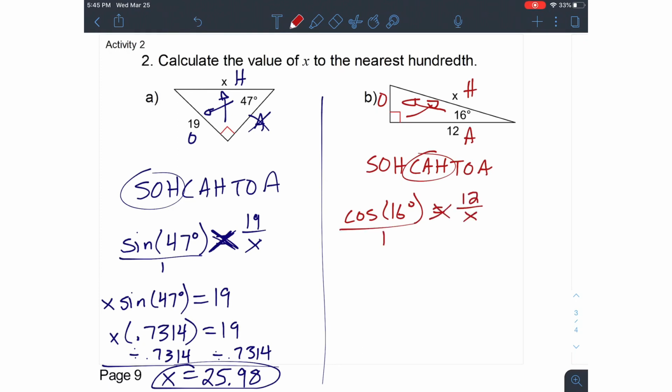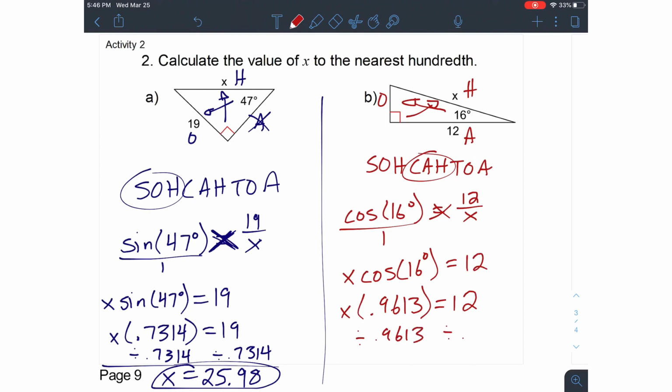Put it over 1, cross multiply. X times cosine of 16 is going to be equal to 12. We need to find the cosine of 16 degrees, and that is 0.9613. And then finally, we're going to divide both sides by this decimal. And what we get is 12.48.